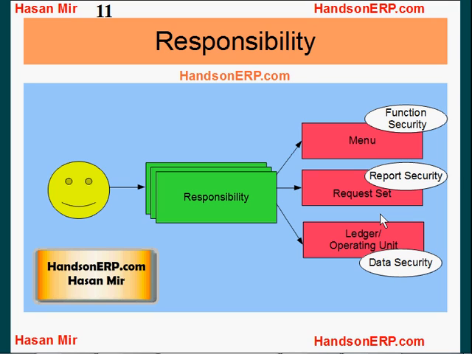So this is really high level, but you can also control within that ledger, this person could see data for which of the companies. So let's say if we have 3 companies in that ledger, you can control whether the person accessing the system through this responsibility could view all the 3 companies or just company 1 or 2. So the most important thing is you control which ledger's data this person will be seeing if he goes into, let's say, the journal entry screen.